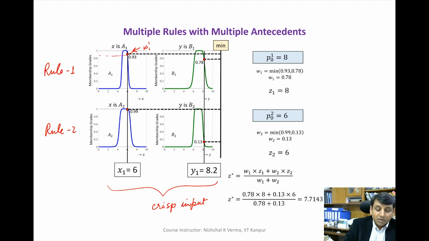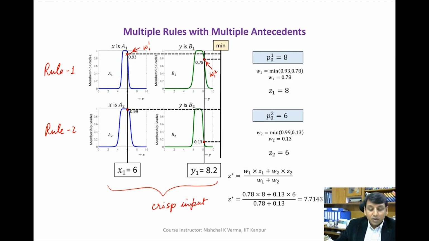So this becomes our W11. Similarly, let us find the intersection point on B1 corresponding to the y1 value of 8.2. Let us call this W12.